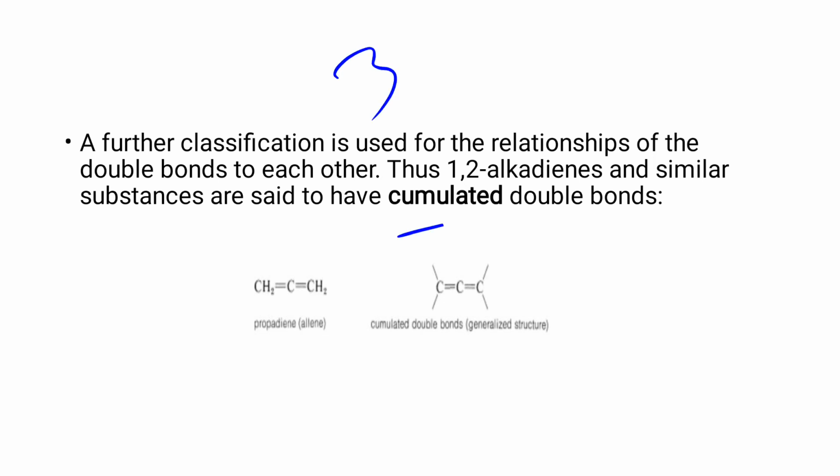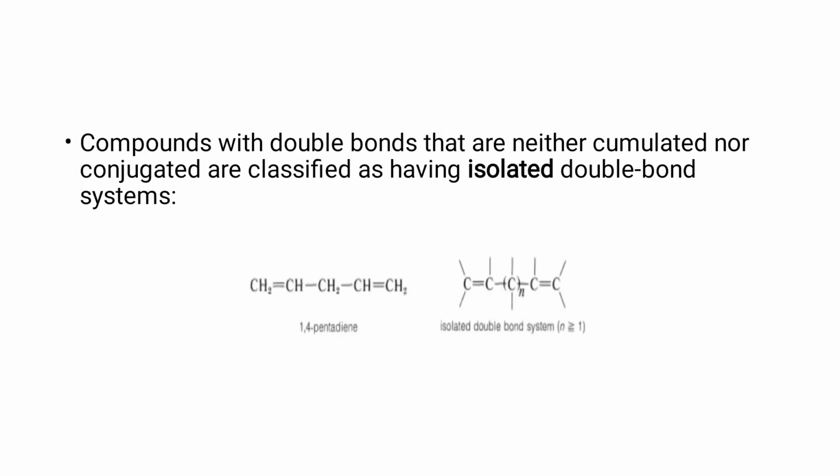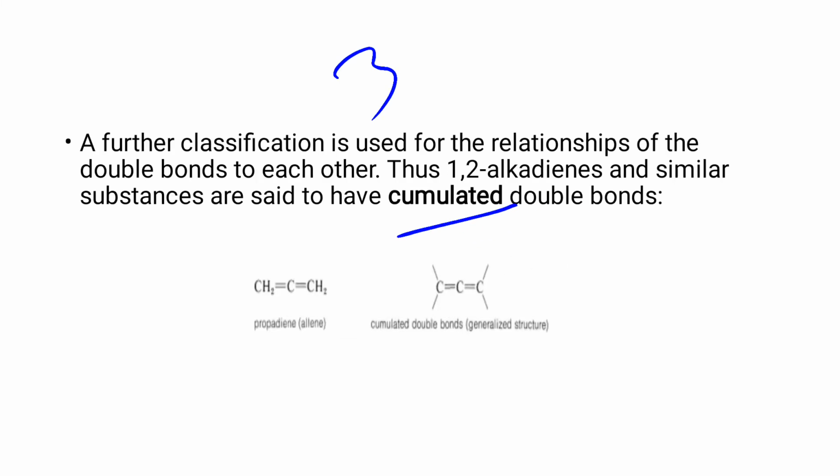The first is the cumulated double bond. The second is the conjugated double bond. The third is the isolated double bond. First, we discuss the cumulated alkadiene. In cumulated alkadienes, the double bonds are adjacent to each other, and the substance is said to have cumulated double bonds. This is an example of a cumulated alkadiene.